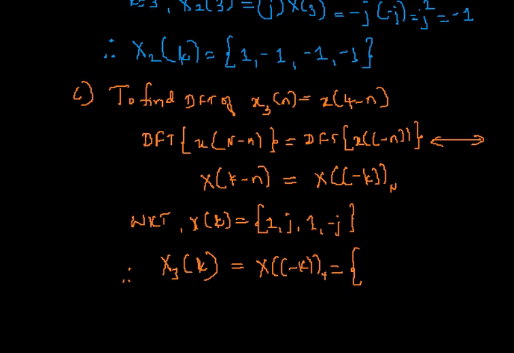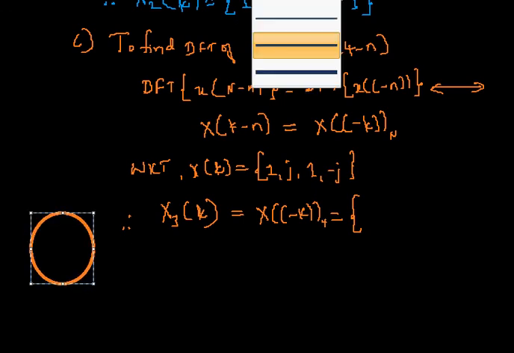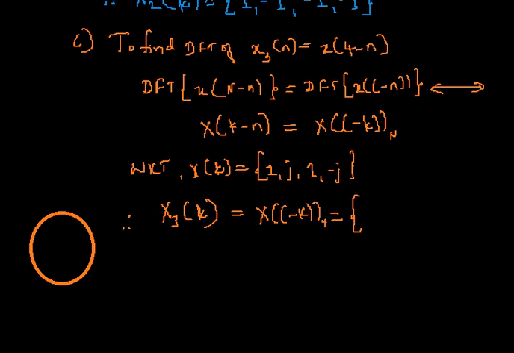So how do I find that? We already know this, so let me say it again. I'll draw a circle and indicate the different points on it. This is 1, this is j, this is 1 again, and this is minus j.